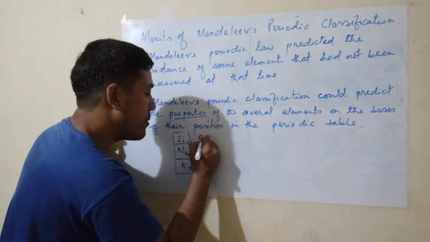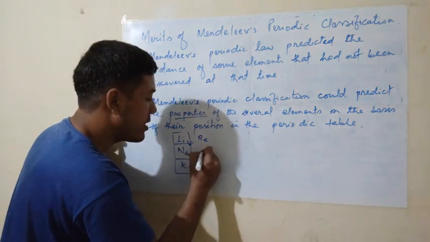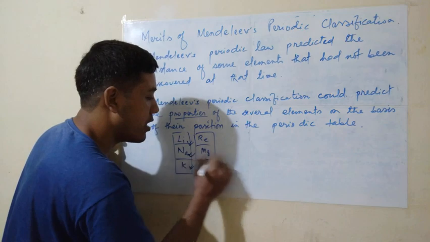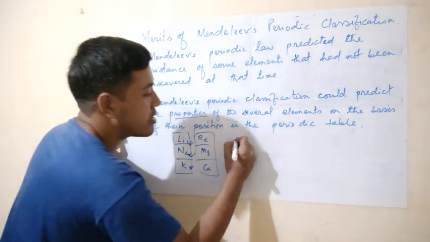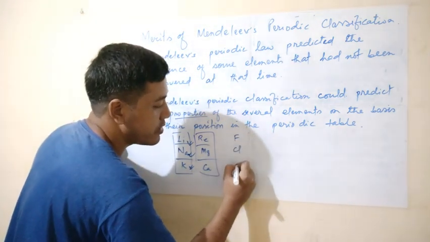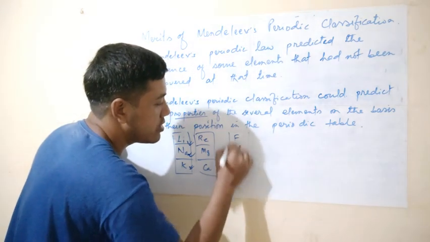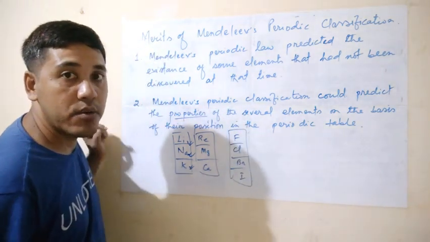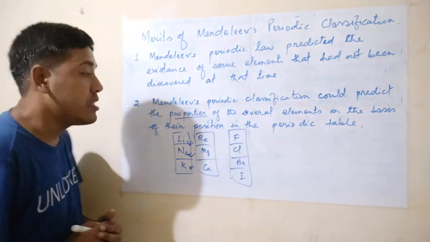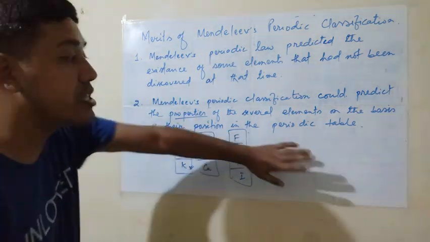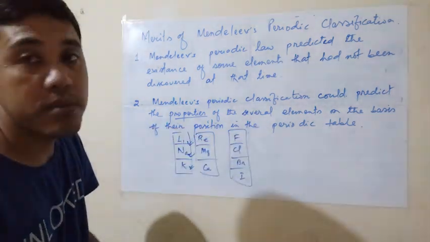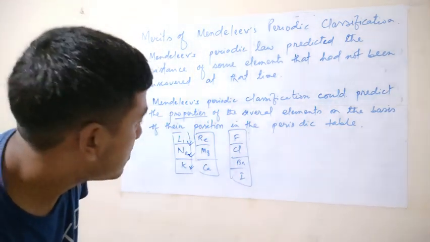Same thing here: beryllium, then magnesium and calcium, he already predicted. And fluorine, chlorine, bromine, iodine, these also he already predicted. He knew the position of each element should be in this place after studying their chemical properties.